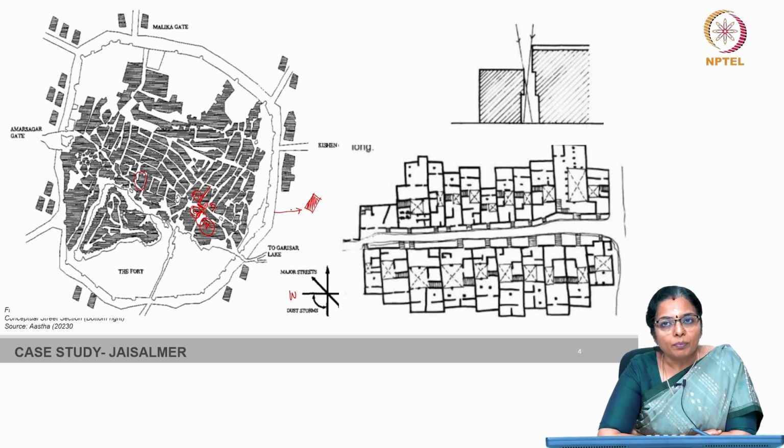Havelis are predominantly oriented along the east and west, and therefore the longer walls are along the north and south.